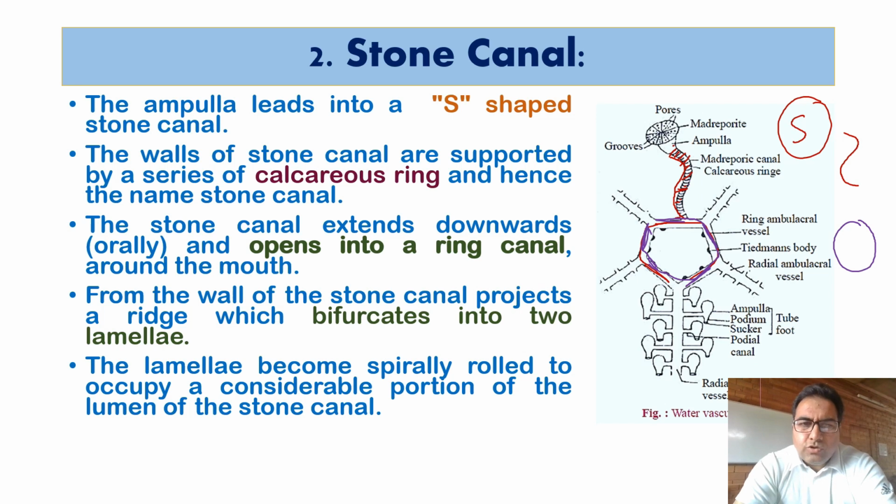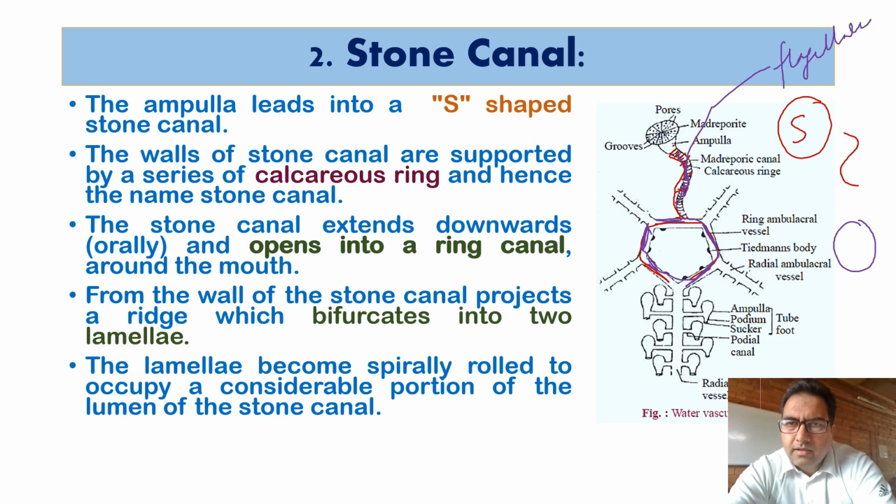From the wall of the stone canal projects a ridge which often bifurcates into two lamellae. The lamellae become spirally rolled and occupy a considerable portion of the lumen of the stone canal. The lumen of the stone canal is lined by very tall flagellated cells in the embryonic stage or in the young Asterias.